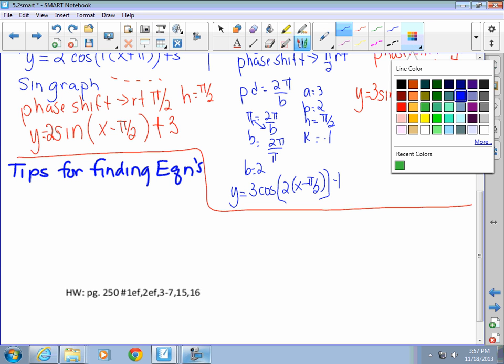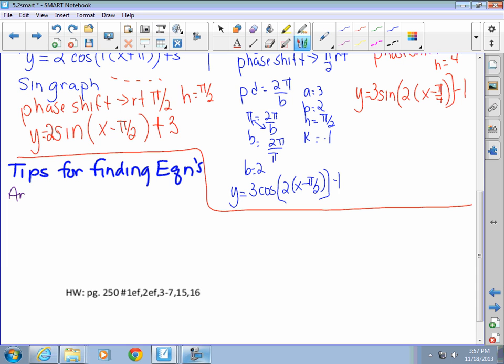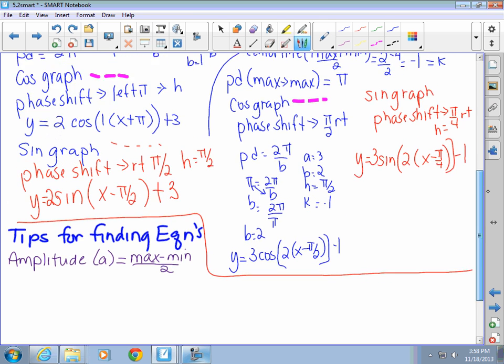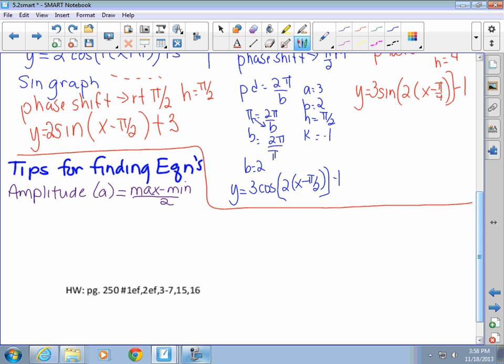Amplitude, which is your A value, is always your maximum value minus your minimum divided by 2. Your center line, which is going to give you your K value, is equal to your maximum plus your minimum divided by 2.